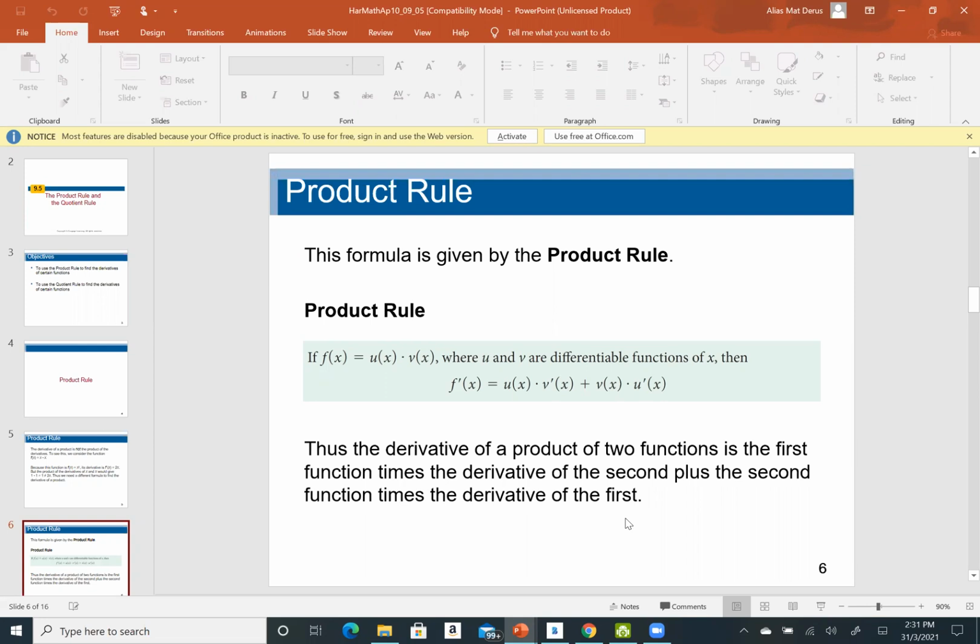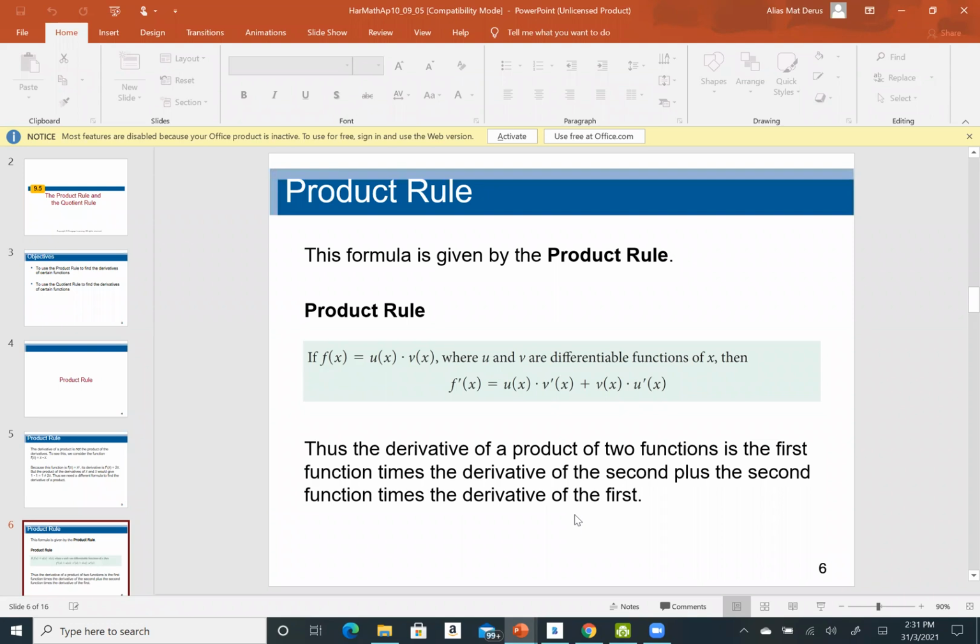And we know u is some function of x. So how do you do the derivative? u v prime plus v u prime.